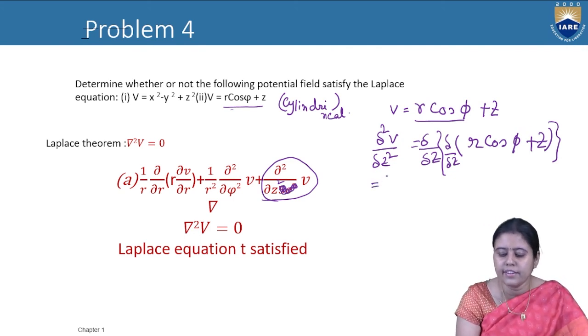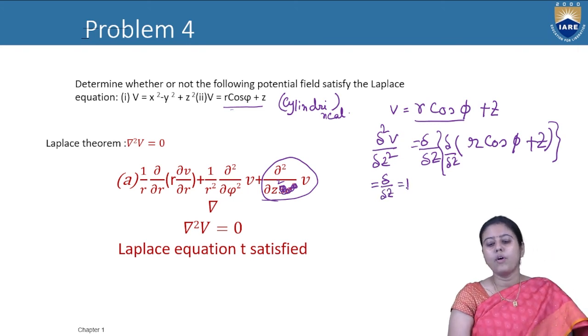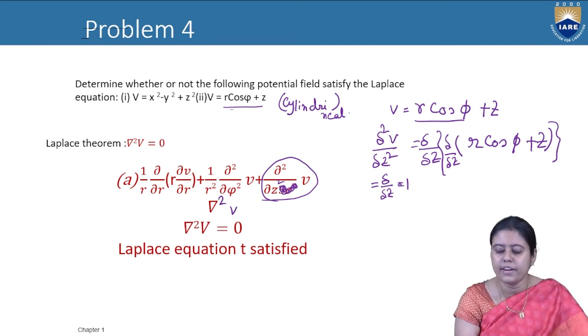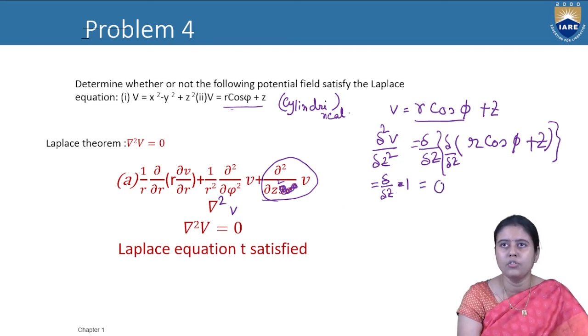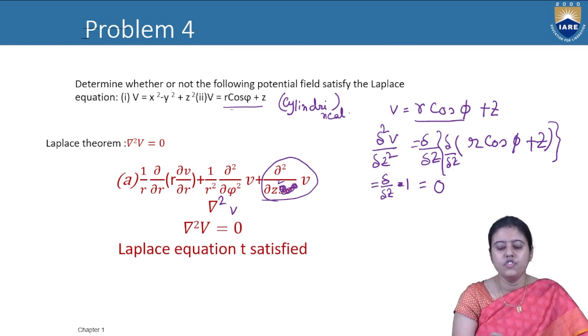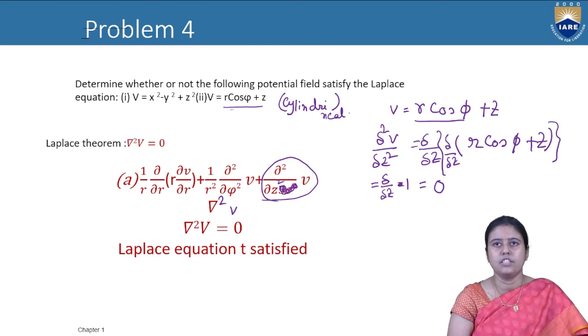So we can write del by del z is equal to 1. So what is the value we got? If we write the grad square v, for the first term, del by del z into 1 is equal to 0. So this term is 0 after the double differentiation.